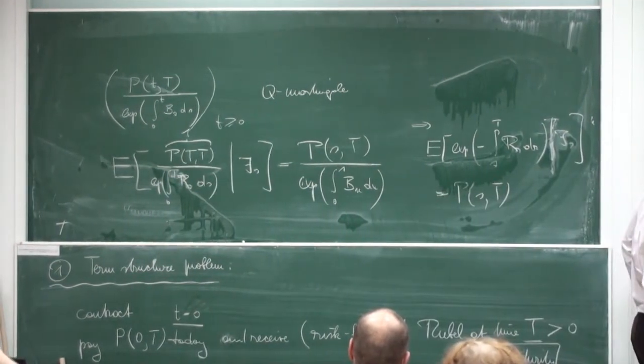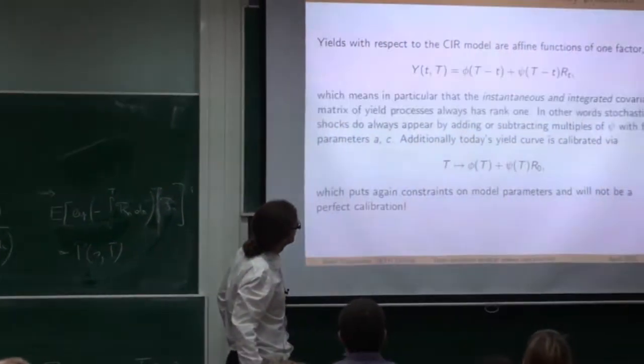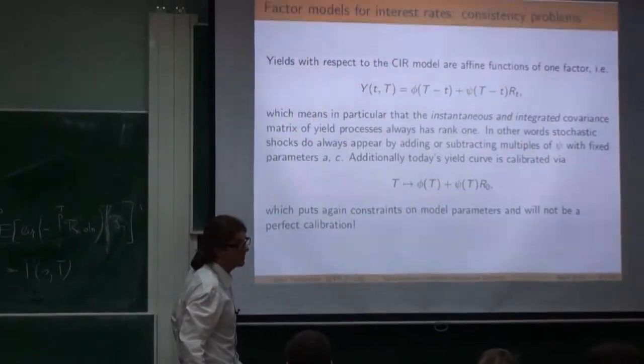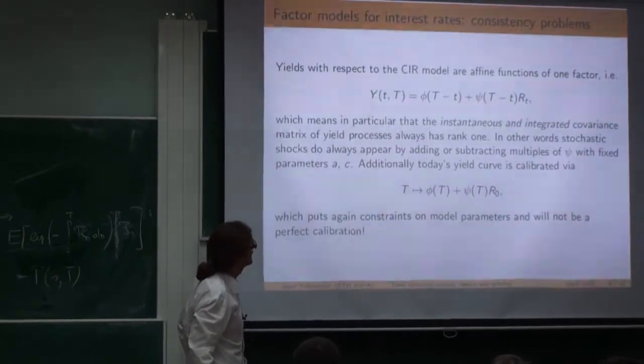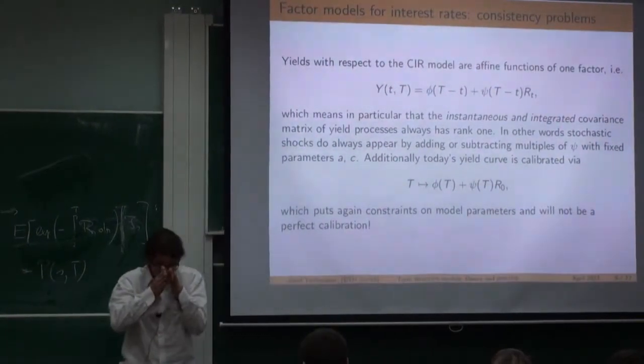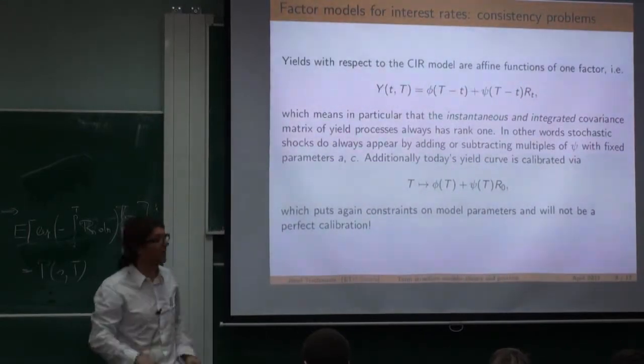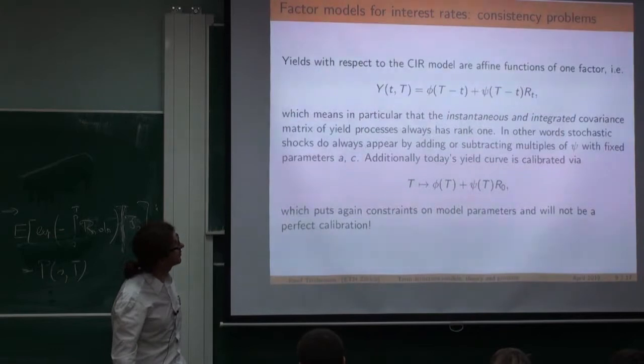So this means here, when you look at the stochastic features of that process, you see that when the yield curve changes in a little increment of time, it only changes in one direction. The direction is given by the psi.